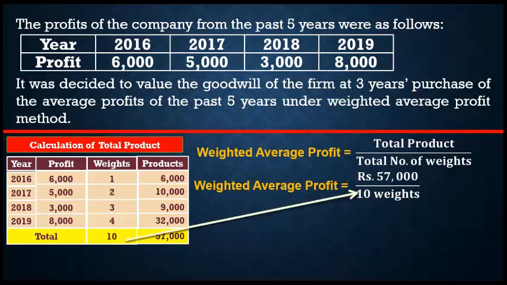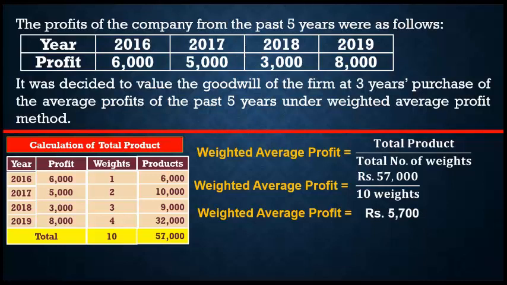Rupees 57,000 divided by 10 weights. Weighted average profit is equal to rupees 5,700.